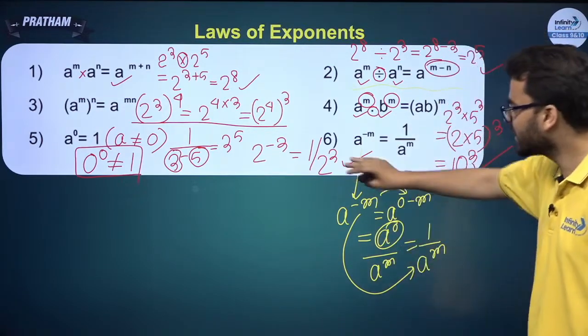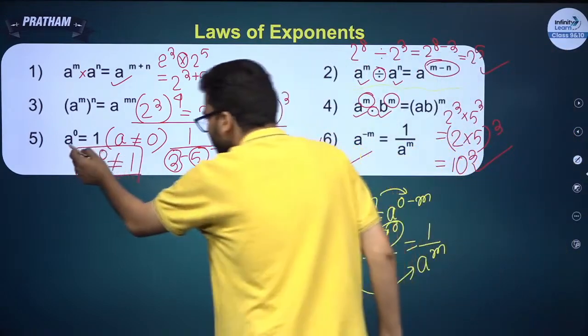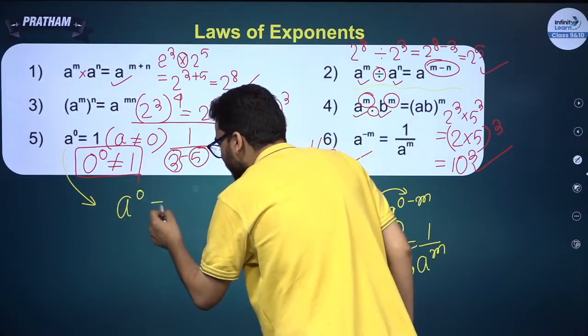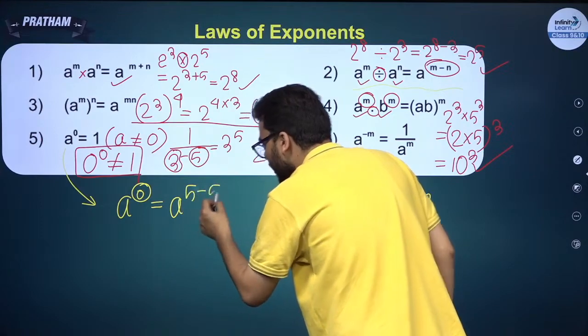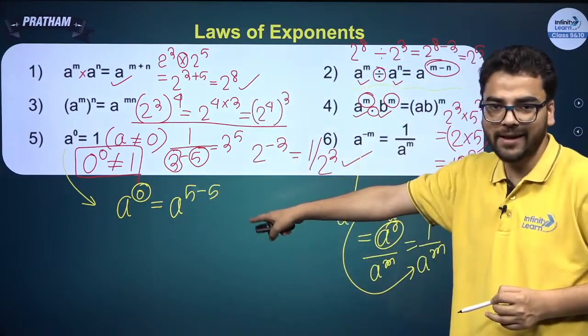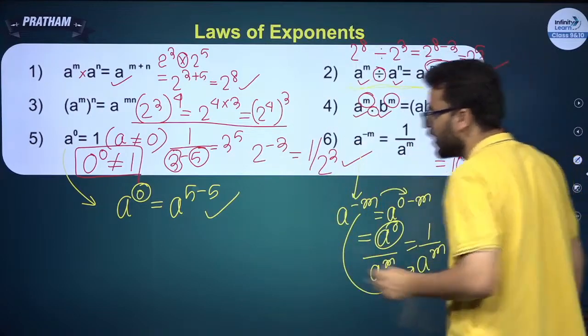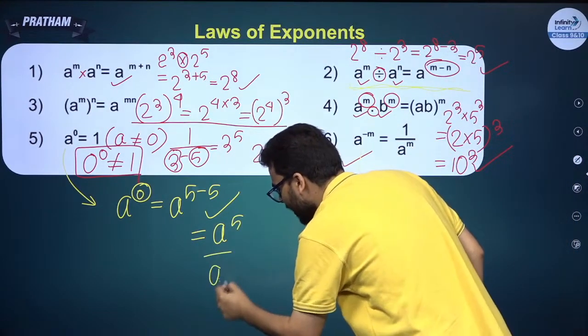I hope this thing is clear to every student in this session. Now, suppose you want to prove this as well, that can also be done. That how a raised to the power 0 is 1. Suppose in place of 0, I can take anything minus the same thing or not? Tell me. I can take anything minus the same thing. Now, can I use this second law of exponent over here? Can I write it like this? A raised to the power 5 upon a raised to the power 5.